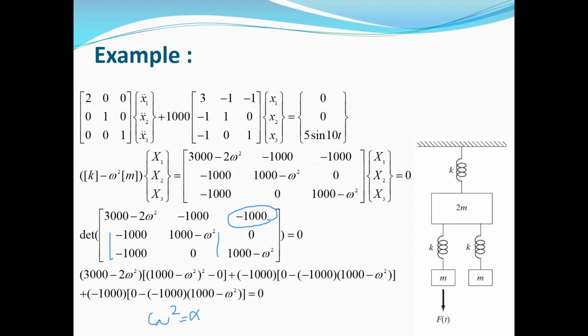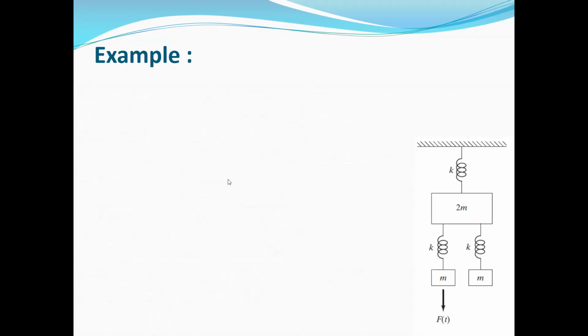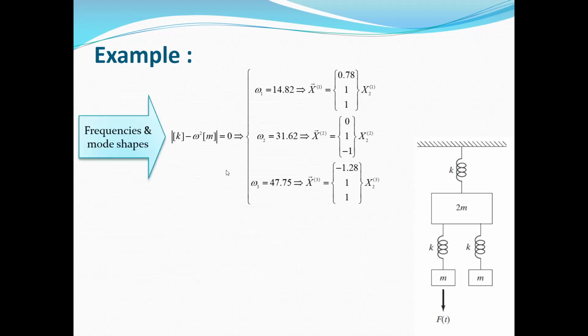But here, when you substitute omega squared is alpha, you will extract an algebraic equation of order 3 in terms of alpha. Then you can use different methods to solve this algebraic equation and obtain the roots and determine the natural frequencies. The first natural frequency, omega 1, is 14.82.